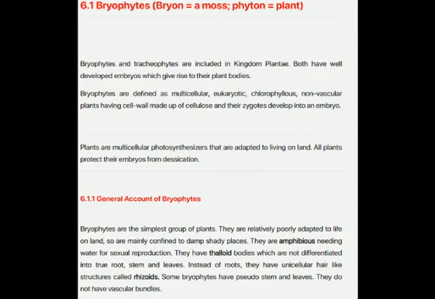Means that they grow in places where water is there and shade is present. They have thalloid bodies. What does it mean? Thalloid bodies are plant bodies which have no proper root, stem or leaf.